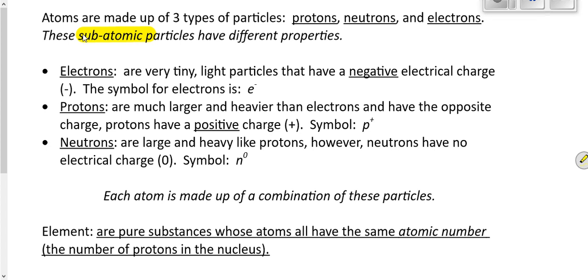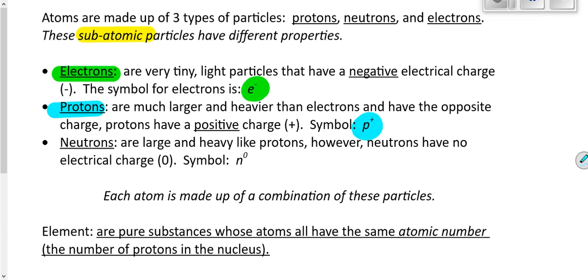So we need to remember what the three different types of particles are, because they make up all atoms no matter what kind they are. Electrons are super tiny. In fact, they're so small we consider them to not even have any mass at all. In chemistry, we use the symbol e- for an electron because they have a negative charge. In the middle of the atom, we can find protons, which have a positive charge, so we use the symbol p+.